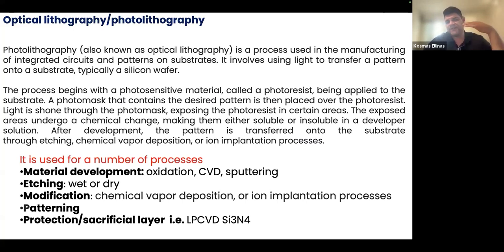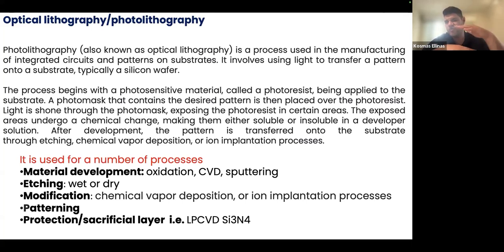So the process starts with the deposition on the substrate of a photosensitive material, which we call photoresist. Up to now, we have two types of photoresists. I will talk about them in the next slide. And then we have a mask, which is transparent in some places and completely non-transparent in other places. So it has the specific pattern that we want to pass to the substrate.